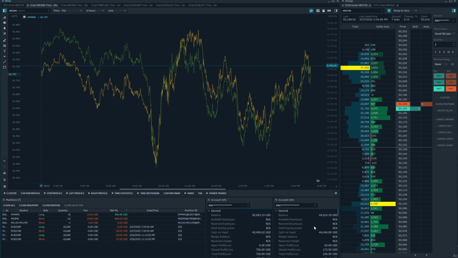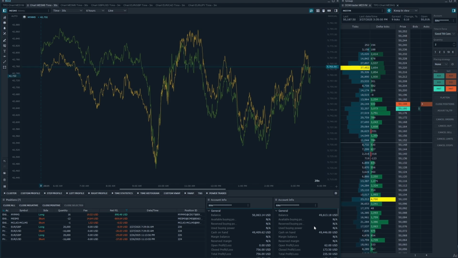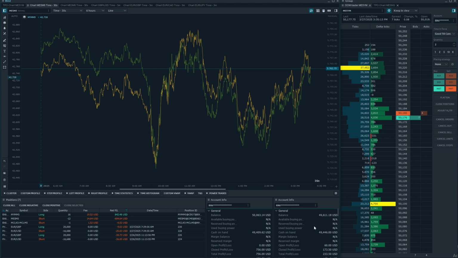We're just sitting here at $63 profit, waiting. Now, this type of trading, scalping, is not as sexy. It can be slow at times and can be fast.